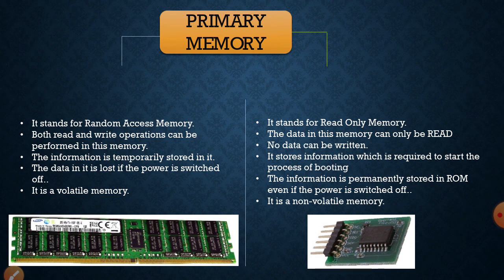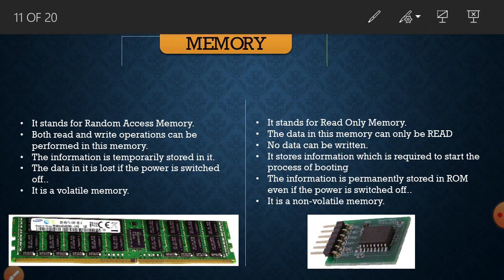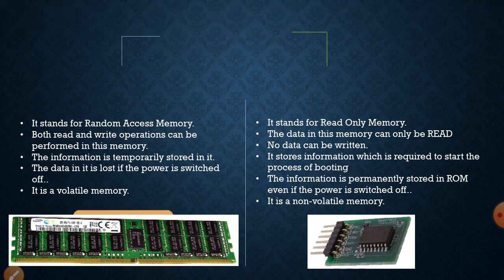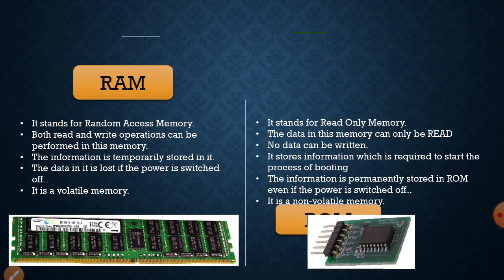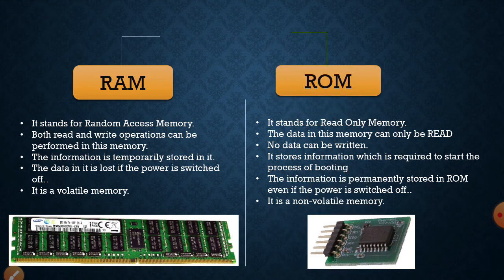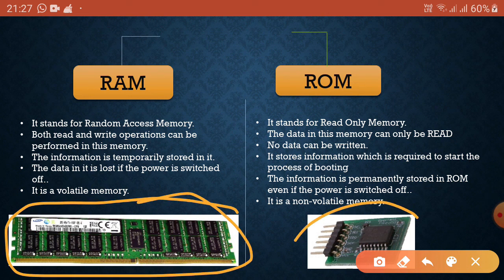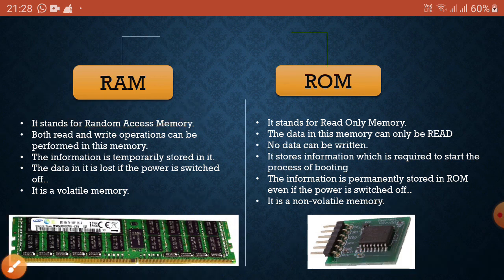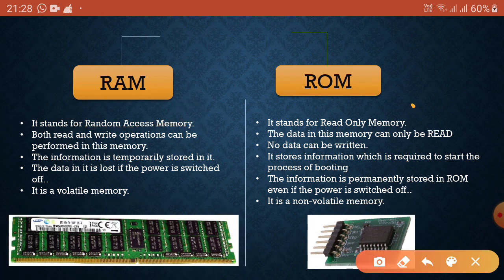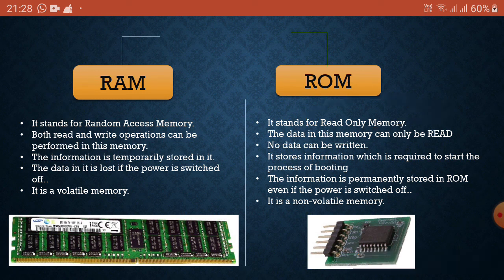There are two types of primary memory: one is RAM, another one is ROM. Below, this is a picture of RAM and this is the picture of ROM. RAM means random access memory, and ROM means read only memory.